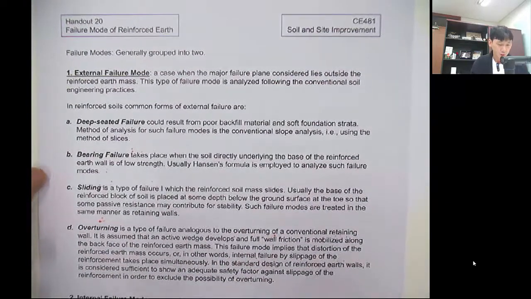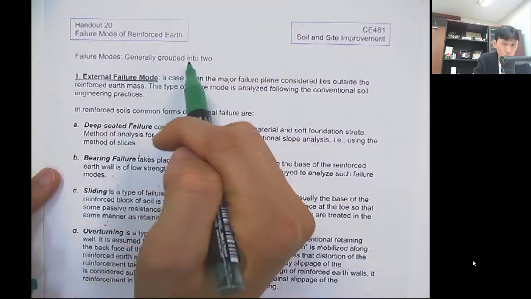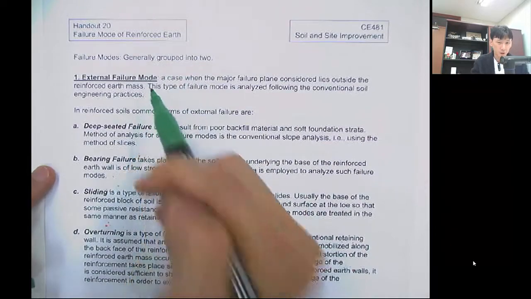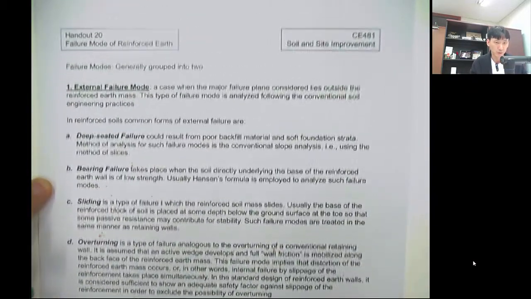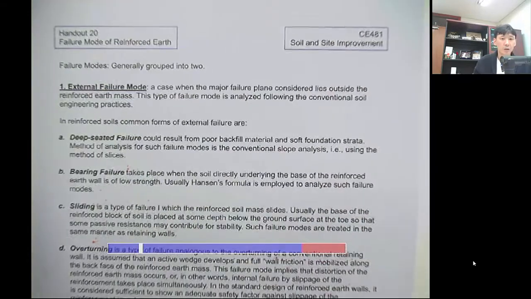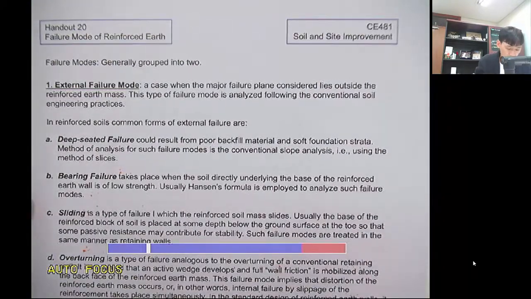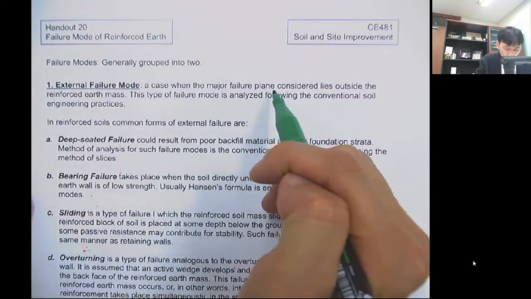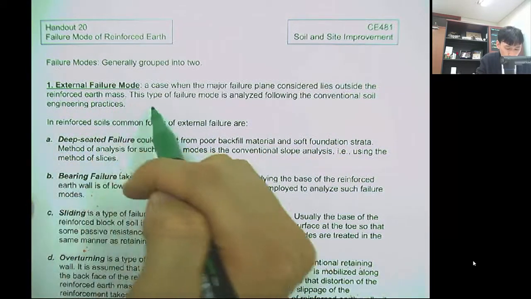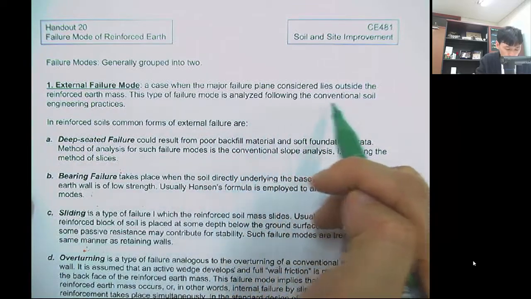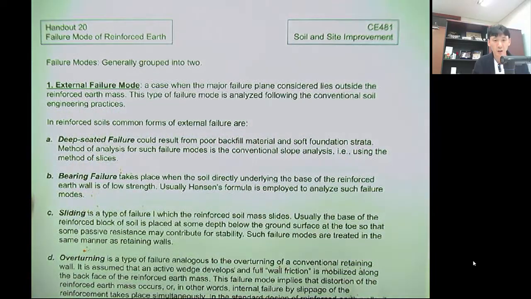Okay, so failure modes are generally grouped into two: the external failure mode and the internal failure mode. In the external failure mode, the major failure plane considered lies outside the reinforced earth mass. This type of failure mode is analyzed following conventional soil engineering practices.